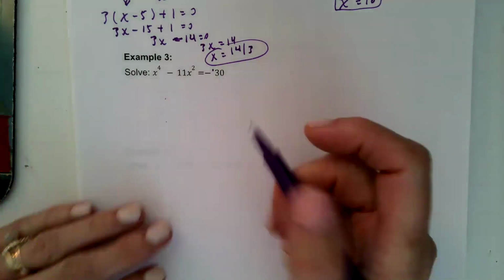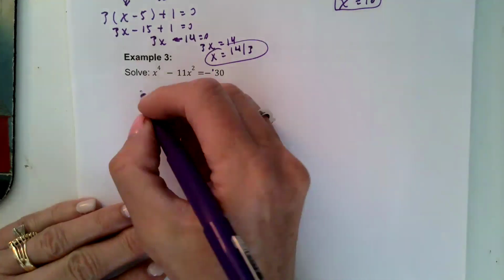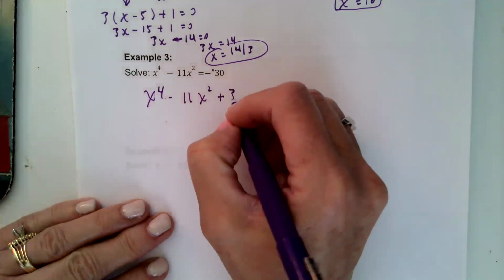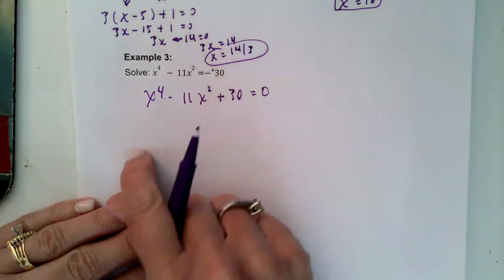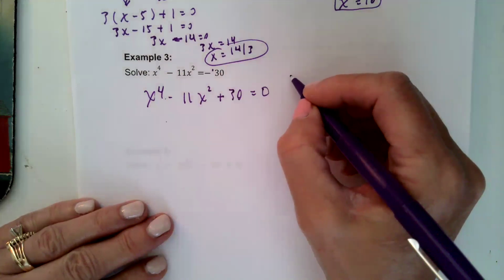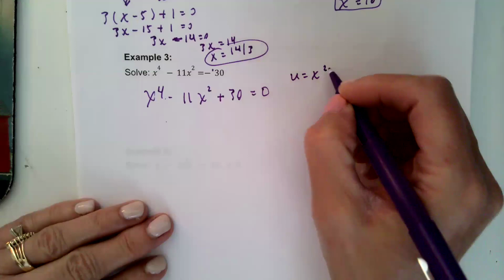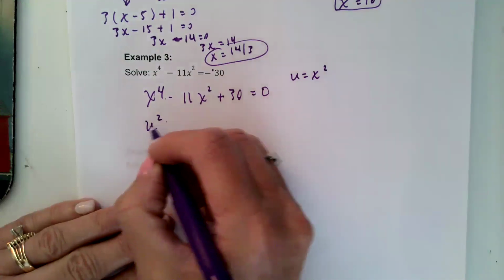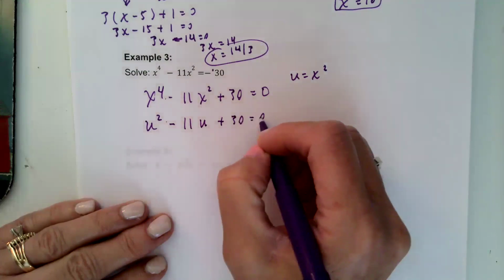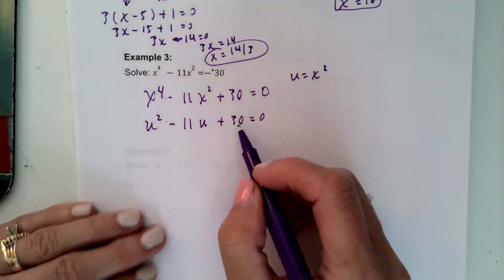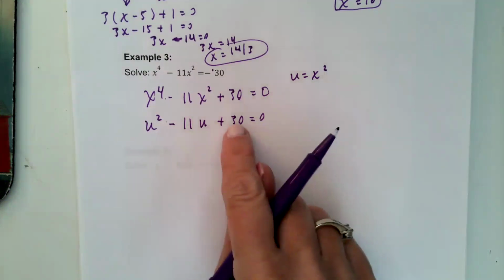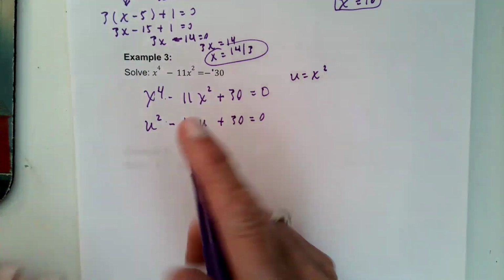Example 3. First, I'm going to bring my 30 back to the other side. So I have x to the 4th minus 11x squared plus 30 equals 0. So I'm going to let u equal x squared. So I have u squared minus 11u plus 30 equals 0. We need two factors that multiply to make 30, but when you add them, they make negative 11.